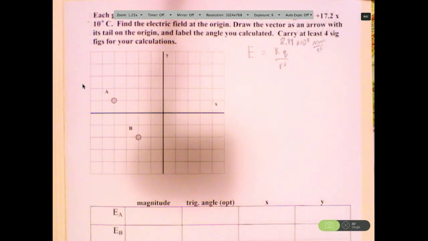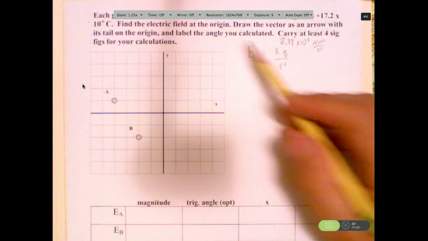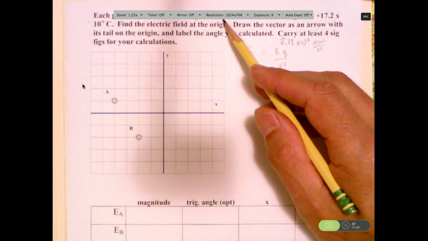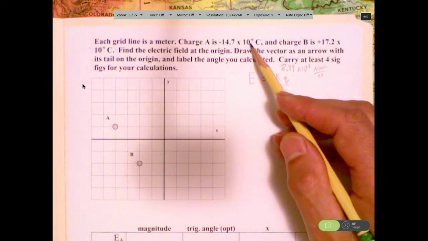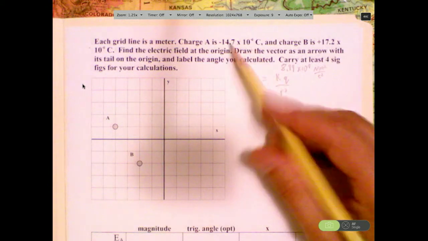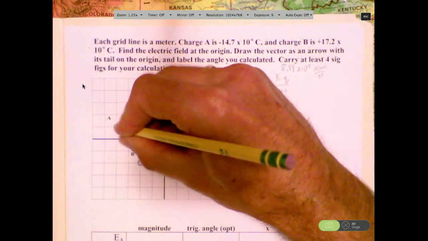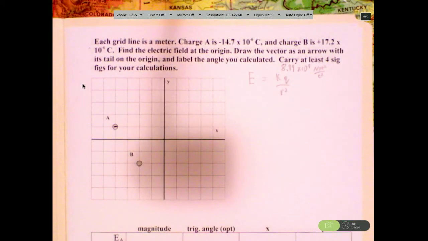So the first thing you want to do is take a look at the problem. This charge here is negative 14.7 times 10 to the minus 6 coulombs. That's A, so I'm going to put a big minus sign on there just so I don't forget that it's negative.